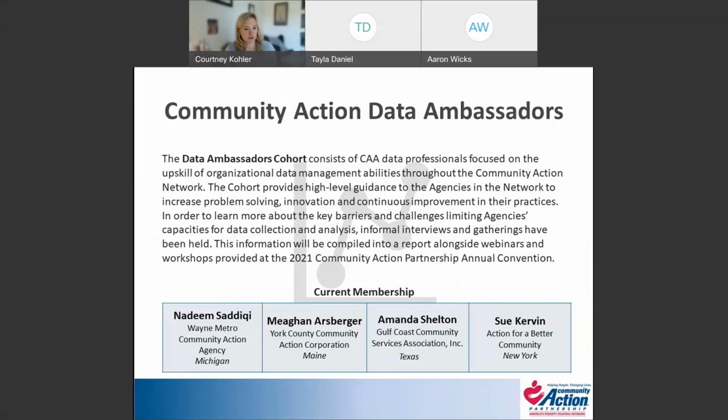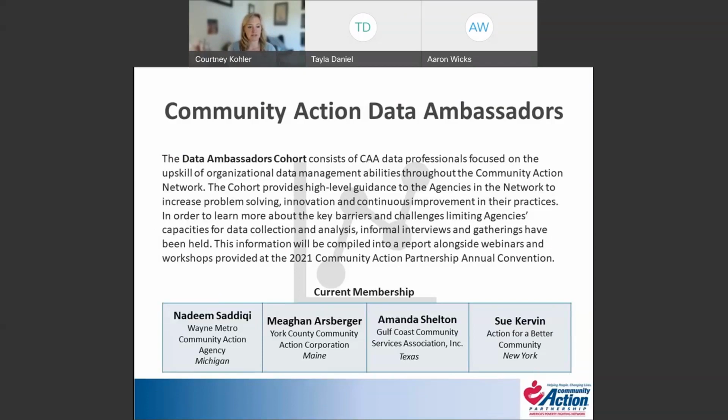We also have a group I just want to make you aware of in the network, and this is through our CARES Act TNTA project. It's focused around a data ambassadors cohort. We have pulled together a few data professionals across the network. Current membership, you can see here on the screen, and we might be looking to add another one or two experts that we're talking to.